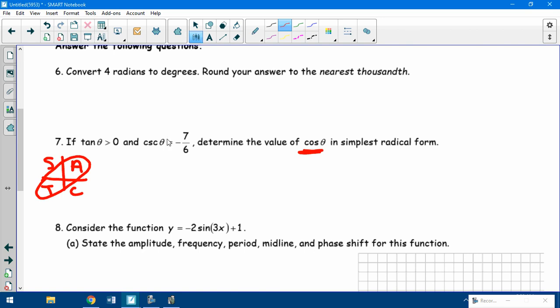If cosecant's negative 7/6, remember, what does that also tell you about? The reciprocal: sine is negative 6/7. So whether cosecant's negative or sine is negative, it means essentially the same thing in terms of quadrants. If sine is negative, you can't be in A and S, so you have to be in T and C. So you should have a triangle drawn in the third quadrant.